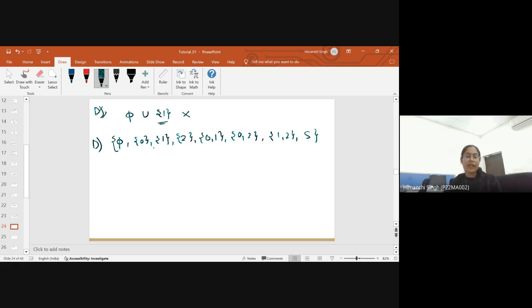Here 0 complement will be 1 comma 2, which is again in this set.